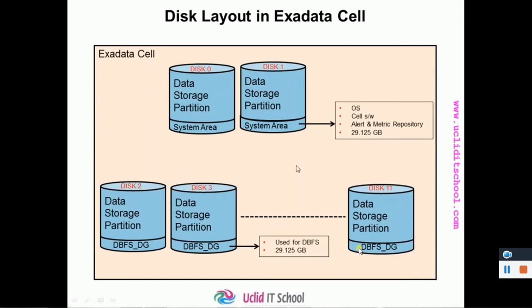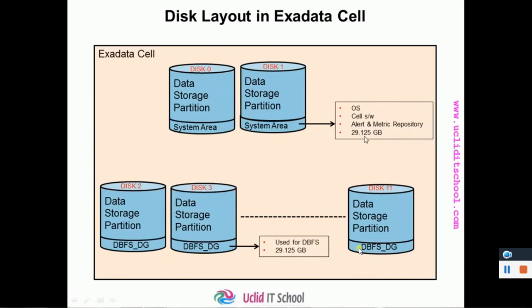Now if you see the layout of the disks, on the first two disks in every storage server there is some portion called the system area. Some of the disk space is reserved and called the system area. This system area is used to install operating system binaries, shell software binaries, and to store the alert and metric repository.